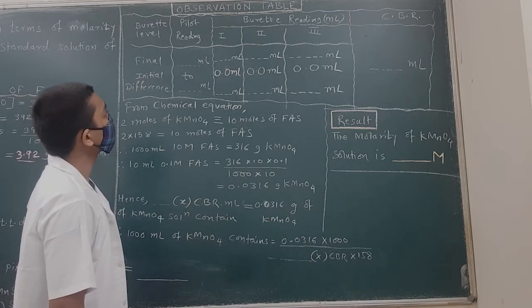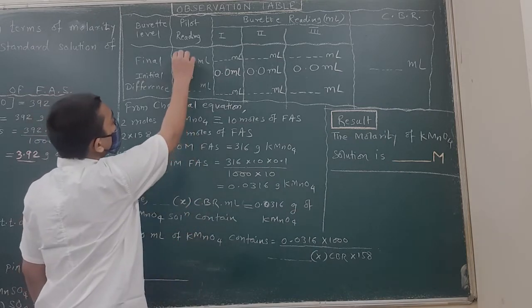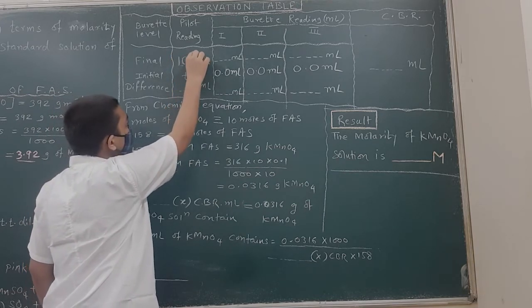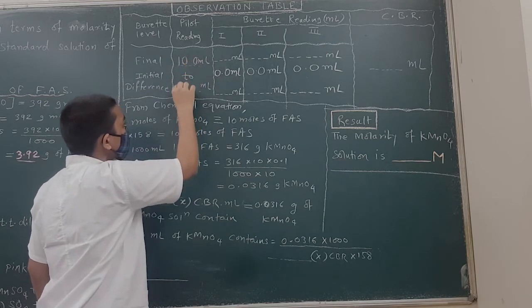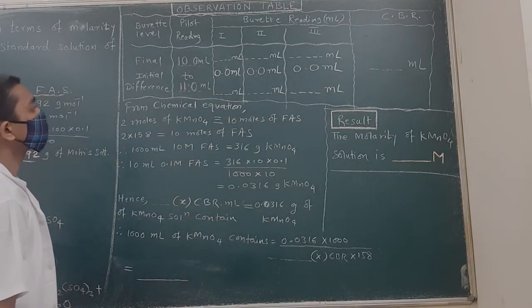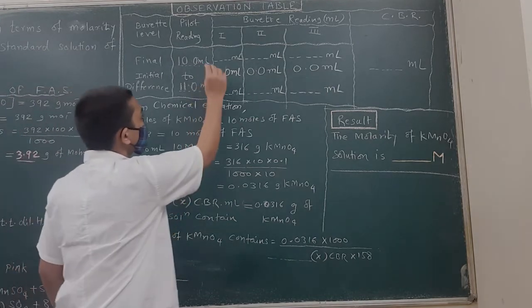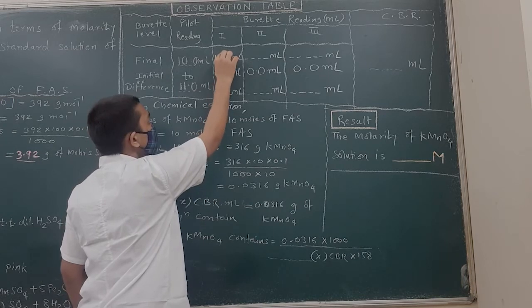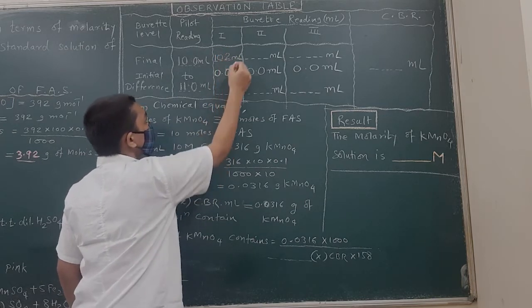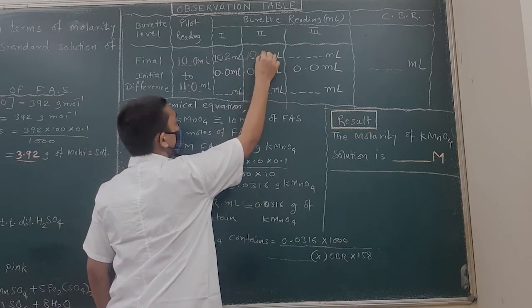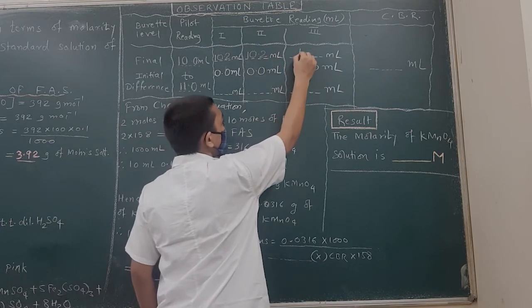So our pilot reading is in the range of 10.0 ml to 11.0 ml. This is our pilot reading. Then we got 3 readings the same, that is 10.2. In the burette reading, the first reading is 10.2, which is the final reading on the burette. Initially 0.0. The second reading is also 10.2, and the third reading is also 10.2.